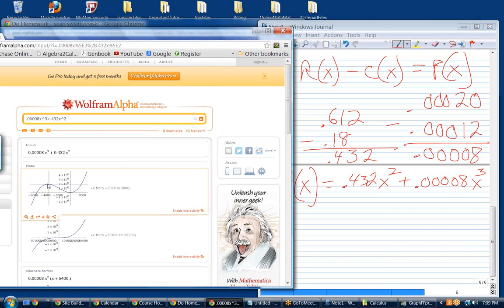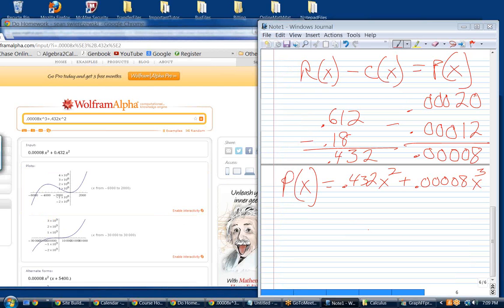But let's do that. Let's figure the first derivative. So we have 0.864x plus 0.00024x squared.